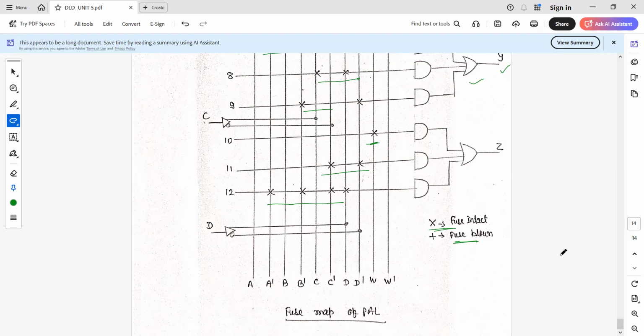Whereas in the case of PLA, both are programmable: the AND array is programmable, and the OR array is also programmable. In the case of PAL, the AND array is programmable, the OR array is fixed, and product terms cannot be shared with another function.